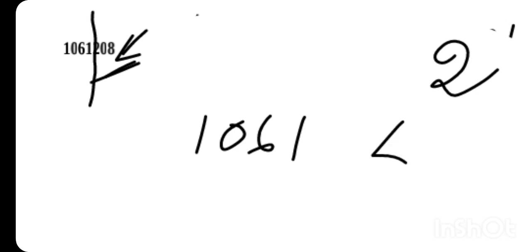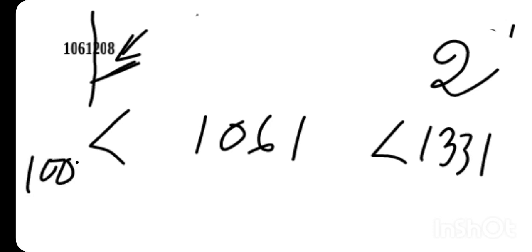Okay, now write 1061. Now tell me what will be the next cube digit and what will be the before cube digit. Yes, you were right. The next cube digit will be 1331 and the before cube digit will be 1000.